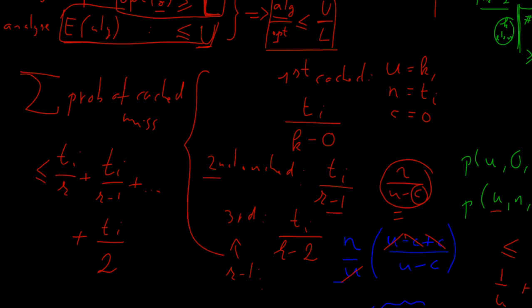For the second one we had minus 1, for the third one we had minus 2, for the (k minus 1)-th we have k minus 2, which is just 2.